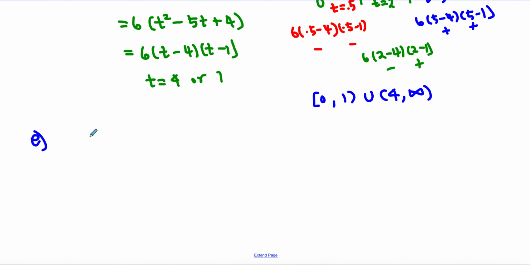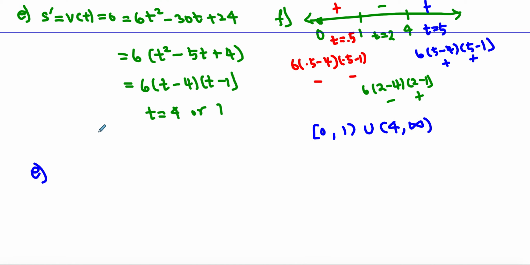So the total distance which we have to check is not only the beginning and the ending, but also where the velocity is changing from positive to negative or negative to positive. So technically we have to check the velocity, the time, and then the position at 0 because it was the starting point, 1 because that was a turning point, and 3 because that was the ending point.